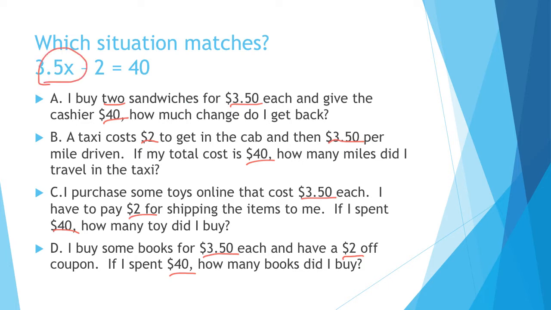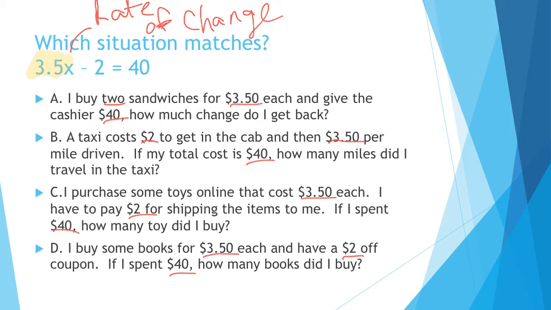So the 3.5x, 3.5 is our rate of change. So we need something that changes by 3.5 per something else.